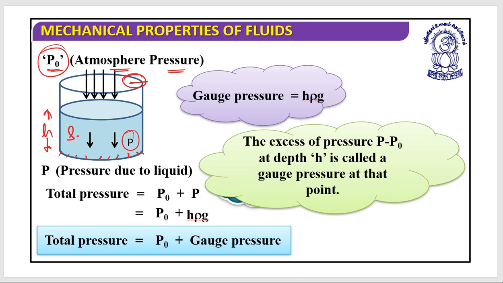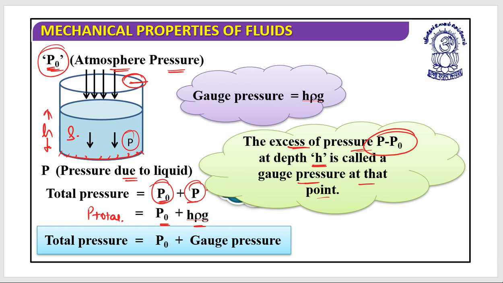So at the depth, at this layer, one pressure is P naught, and another pressure is P. This is pressure due to fluid, this is pressure due to atmosphere. So the total pressure P could be written as P naught plus h rho g. So the excess pressure, P minus P naught at depth h, is called the gauge pressure at that point.